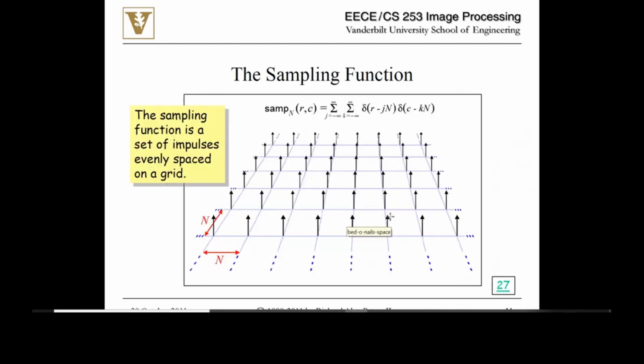Here is the spectrum of the train of deltas. Oh no, this is the train of deltas, so this is in real space. And they are separated by n samples. And you know, these are Kronecker's deltas, they are not Dirac's deltas, because we are all the time in discrete space.